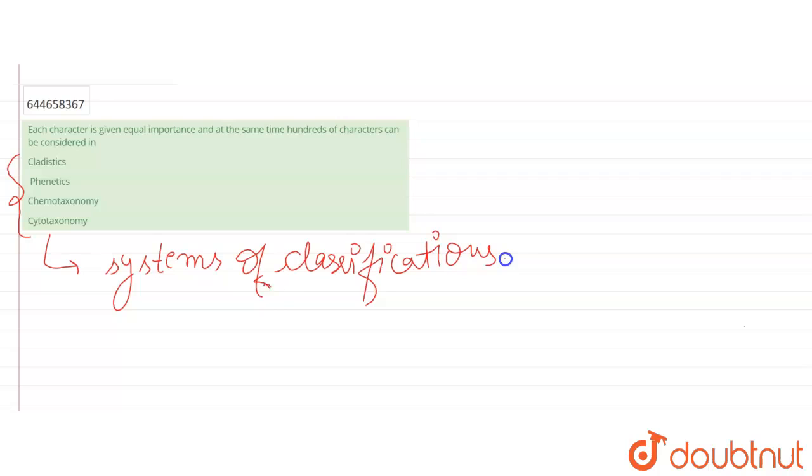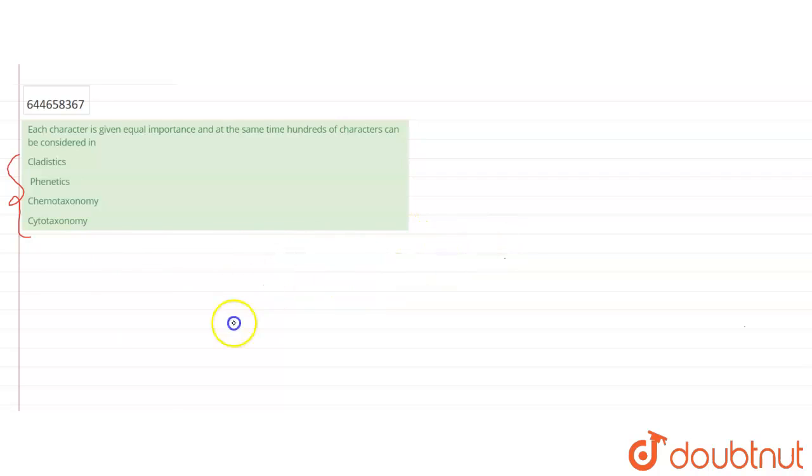Right, so let us understand each of these options and find out the correct answer. Let us start from the bottom. The fourth option, that is cytotaxonomy, is a system of taxonomy which is based on all these cytological information.